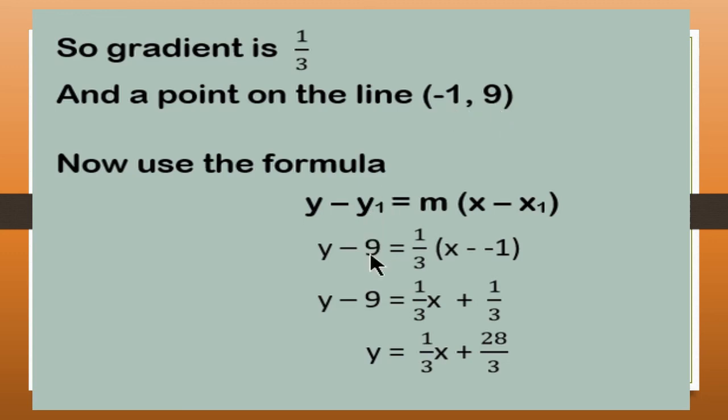Distributing 1/3 inside, we get 1/3 x, and 1/3 times +1, because there are two negatives here, so 1/3 times +1 is +1/3. This -9, we shift to this side, becomes +9, so 9 plus 1/3 gives us 28/3. So the equation of the perpendicular line we get is y is equal to 1/3 x plus 28/3.